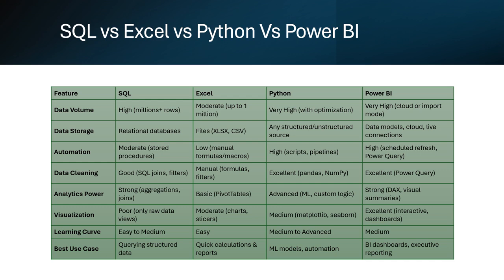Then the learning curve: SQL is easy to learn, easy to medium. Excel is easy. Python is medium to advanced. Power BI is medium. Best use case: SQL for querying structured data, Excel for quick calculations and reports, Python for machine learning models and automation, and Power BI for business intelligence dashboards and executive reporting.